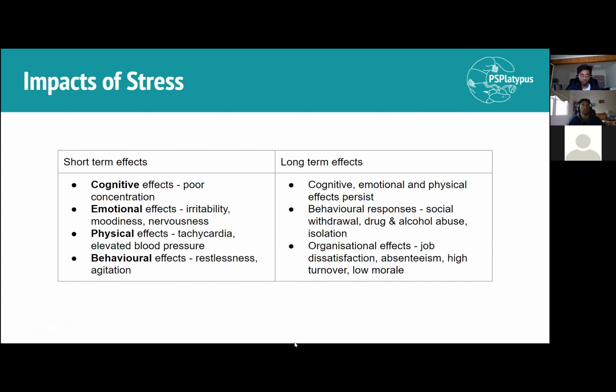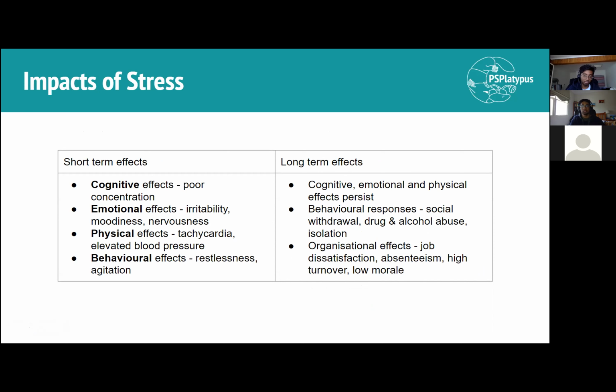Stress has a lot of different types of impacts as well. We have short-term and long-term. In the short term, we can categorize it as cognitive effects, so that's poor concentration, emotional effects of irritability, nervousness, physical effects, and behavioral effects.